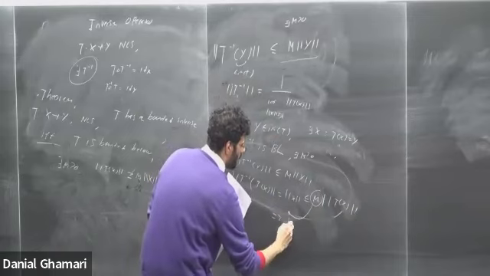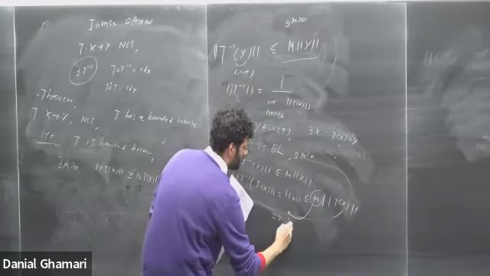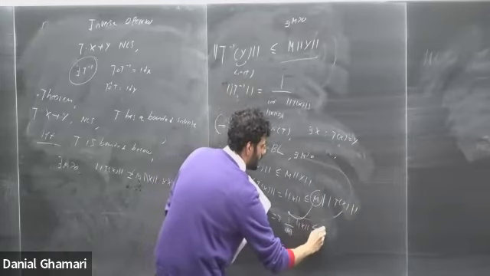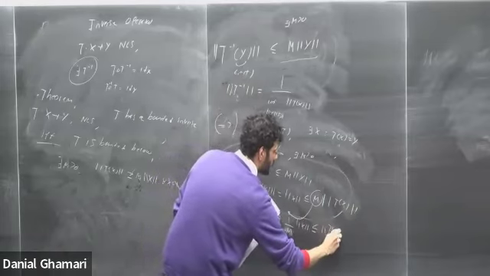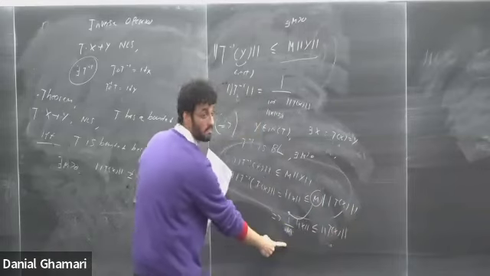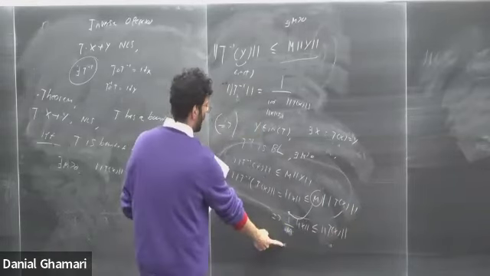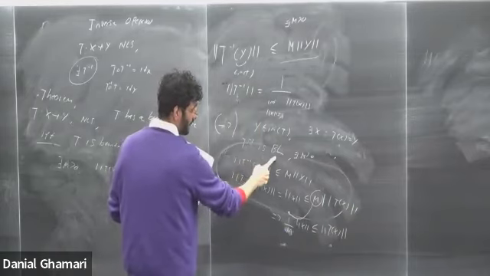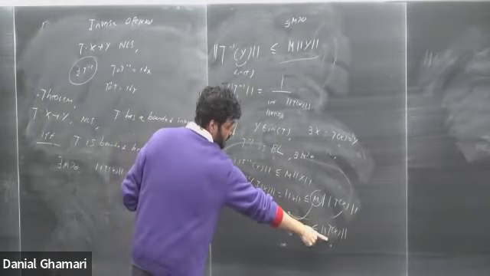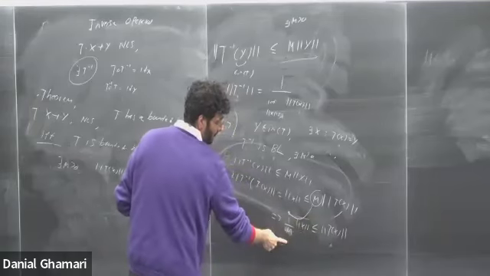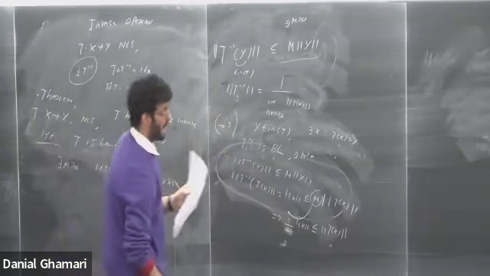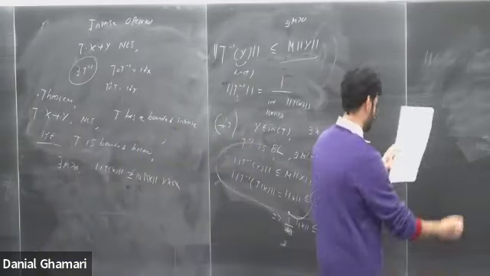That immediately tells me that 1 over M norm X bounds T of X from below. So now what I've shown is that if T inverse is bounded linear, then T has to be bounded below. So this is the forward direction done, and now we'll do the backwards direction.